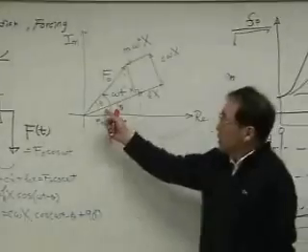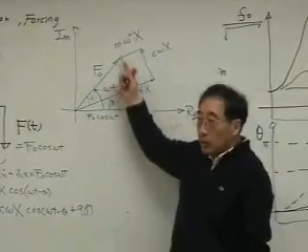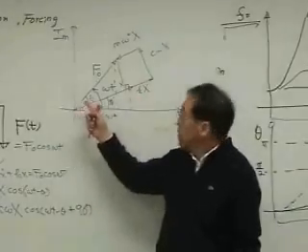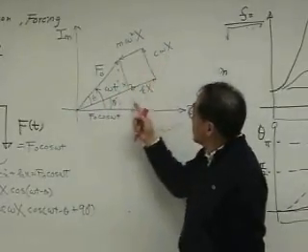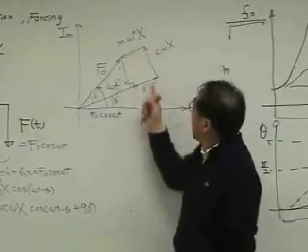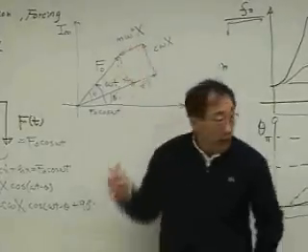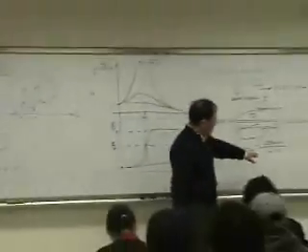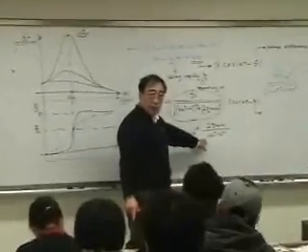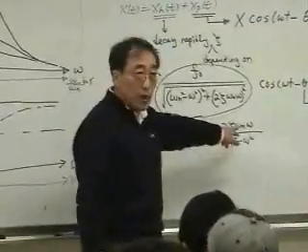The phase is arctangent of this one over this one. What is this? C omega x divided by this one minus this one. Right? That is very similar to omega n square minus omega square over 2 zeta omega n.